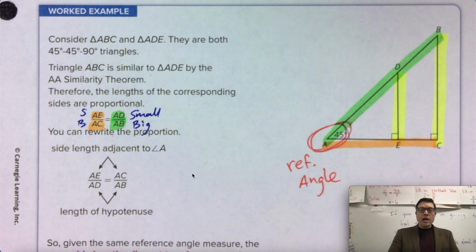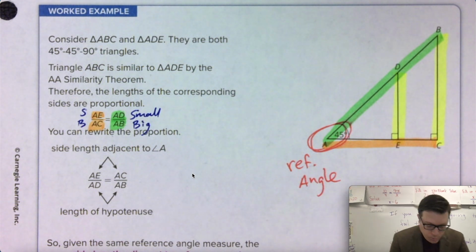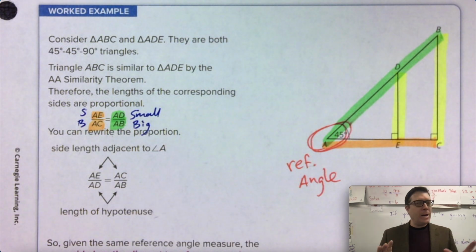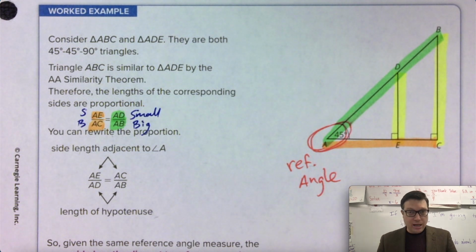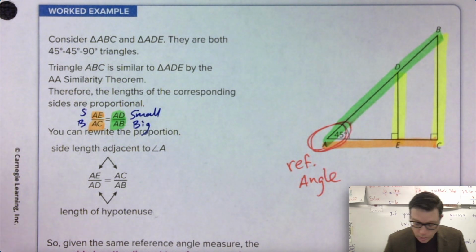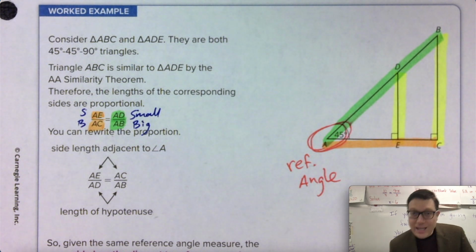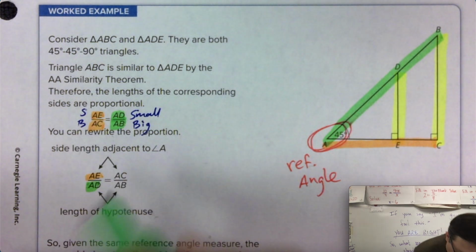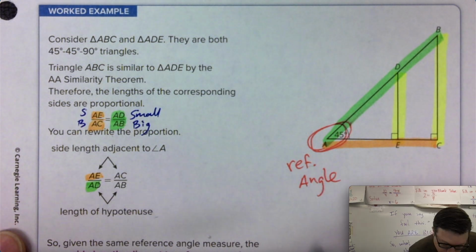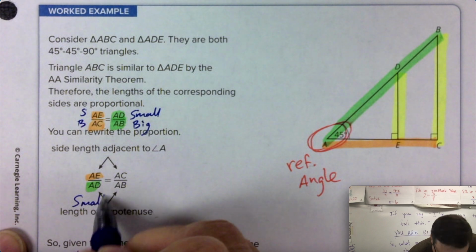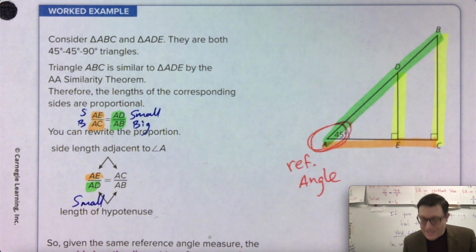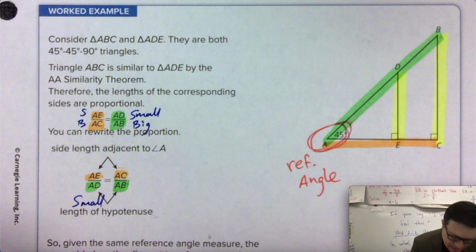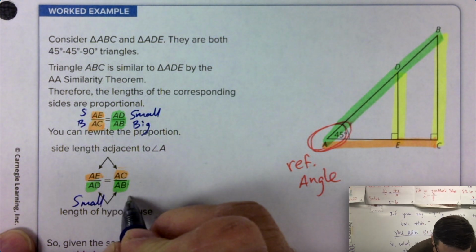Okay, so in our arrangement of the triangles, we can write our proportions of just the orange fraction and just the green fraction. But I'm telling you, as this topic develops, we're going to want to do them differently. We're going to want to take the AE line segment and the AD line segment, which are both from the small triangle, and compare them to the AC line segment, leg, and the AB line segment from the big triangle.